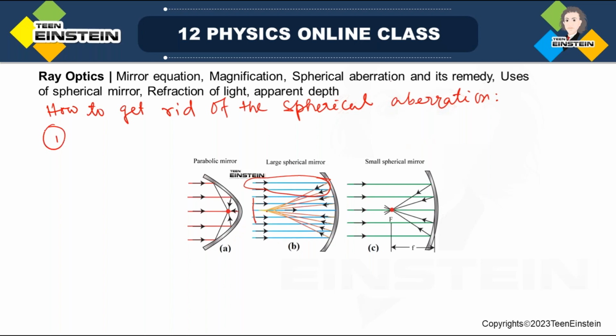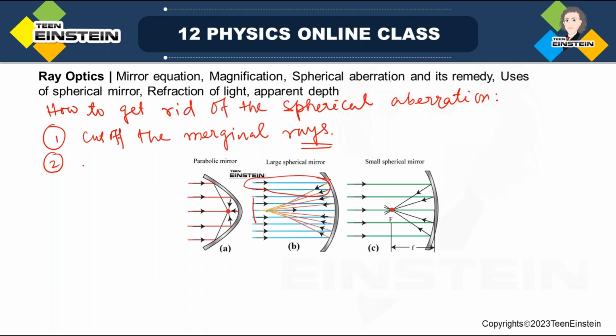So the first point is to cut off the marginal rays somehow. If we cut off the marginal rays by using some filters or some arrangement, we can get rid of this spherical aberration.